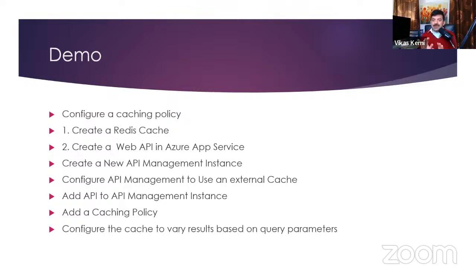We are not going to focus on creating the web API. We are going to focus on creating our API gateway. And then I will show you how API management can be used to connect to an external cache. APIs need to be imported into our API management instance, and we are going to add a caching policy.